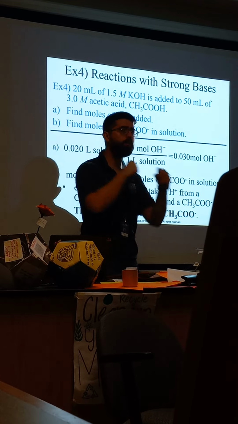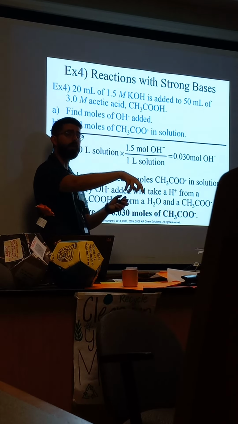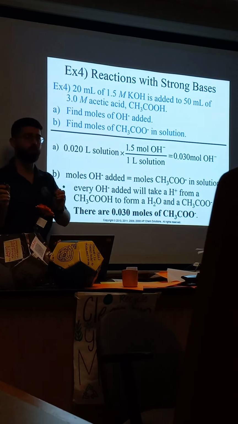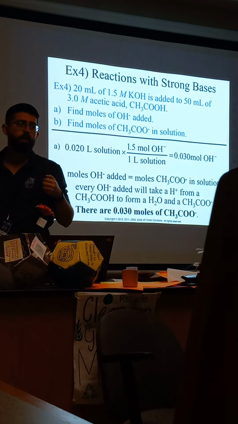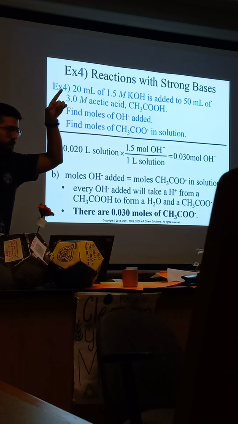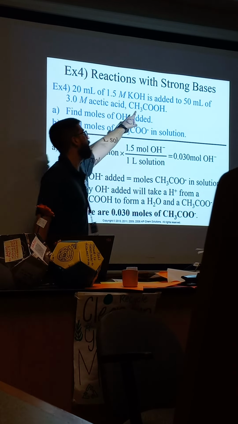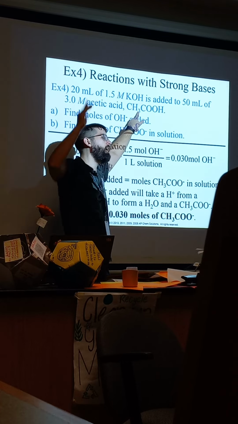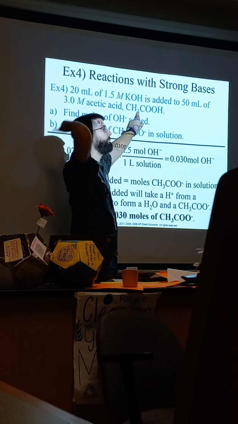So all of that OH gets used up, and the OH you threw in there is equal to the CH3COO minus that is left over. It's like a conversion. It instantly gets converted to this one. Does everyone see why? It's because OH minus is considered a really, really strong base. CH3COOH is considered pretty weak because it's not on our Big 6. Therefore, we default to it being weak.